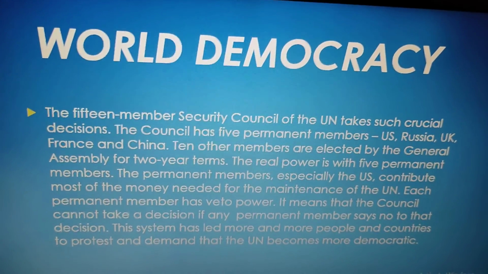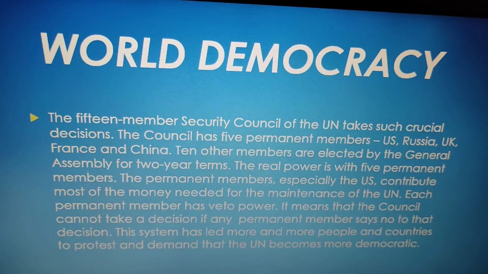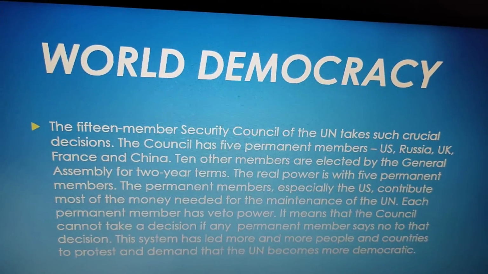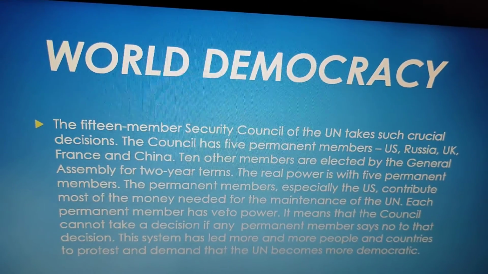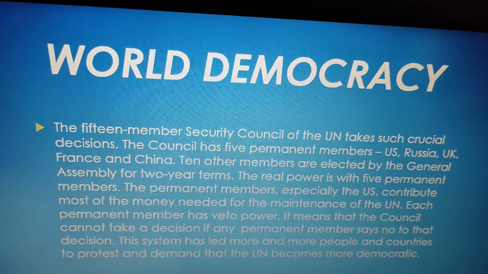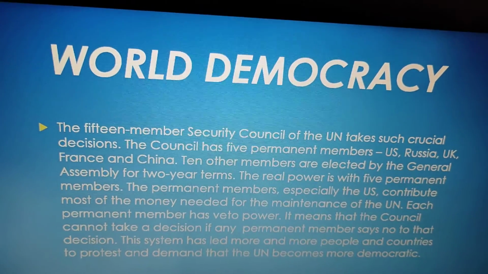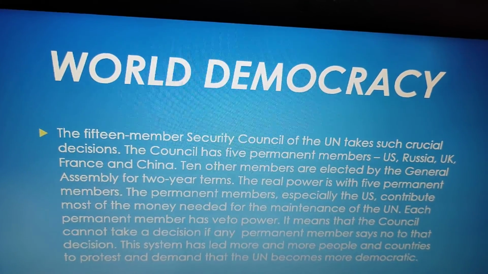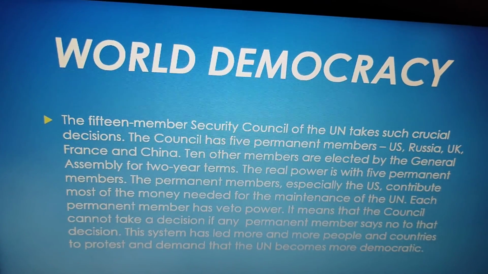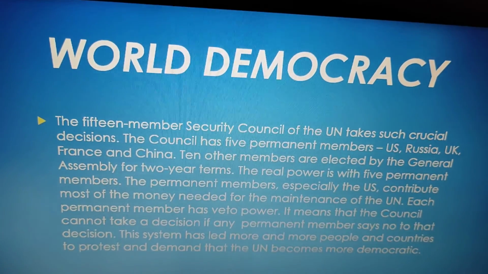The council has 5 permanent members: US, Russia, UK, France and China. 10 other members are elected by the General Assembly for 2-year terms. The real power is with the 5 permanent members. If any of these countries does not agree to a decision, the decision is always nullified.